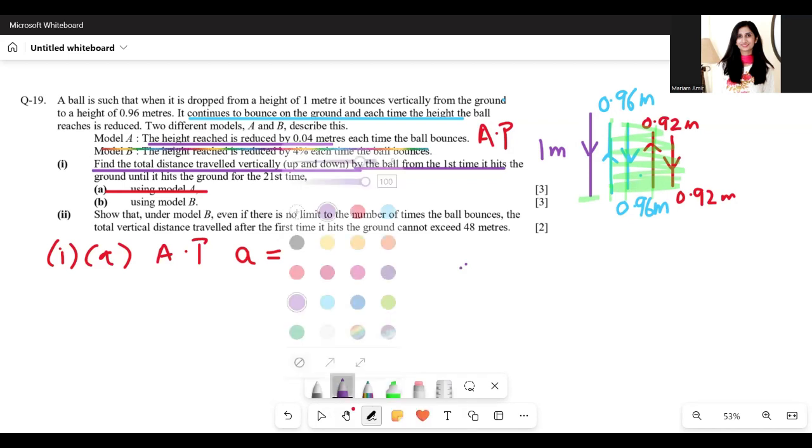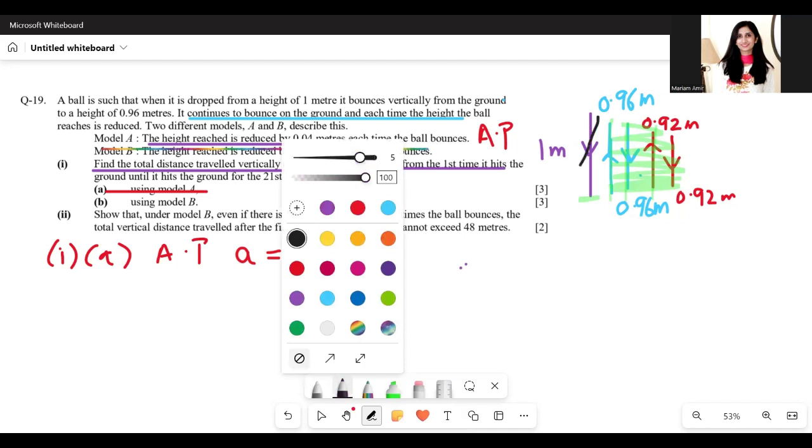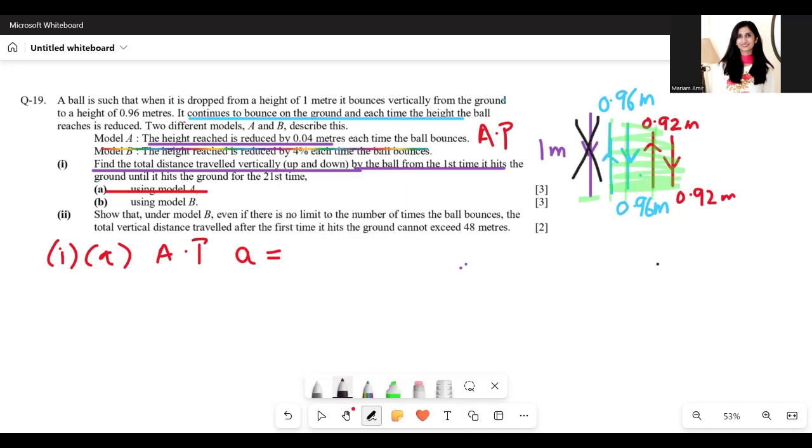So we do not consider this, and you start with 0.96. So a is going to be 0.96. I'm only looking at the upward motion right now, not the downward motion. And d, the common difference, is going to be negative 0.04, as the distance reduces by 0.04 every time.